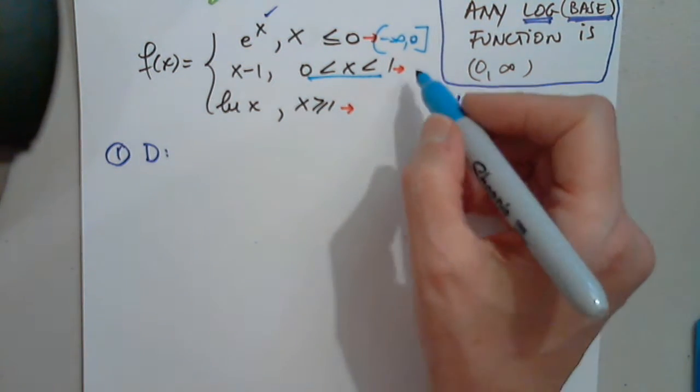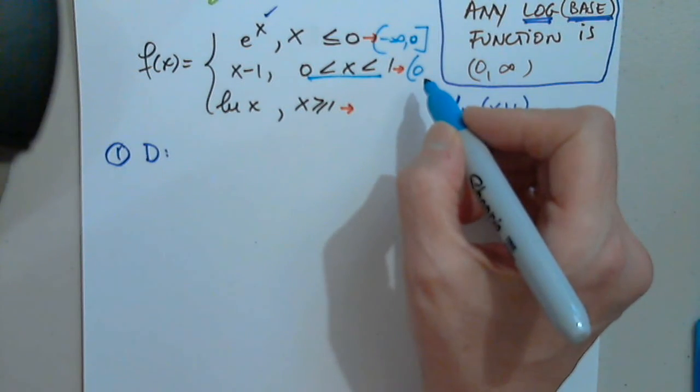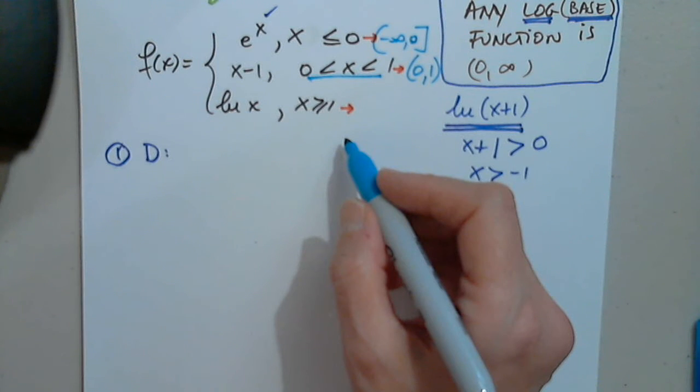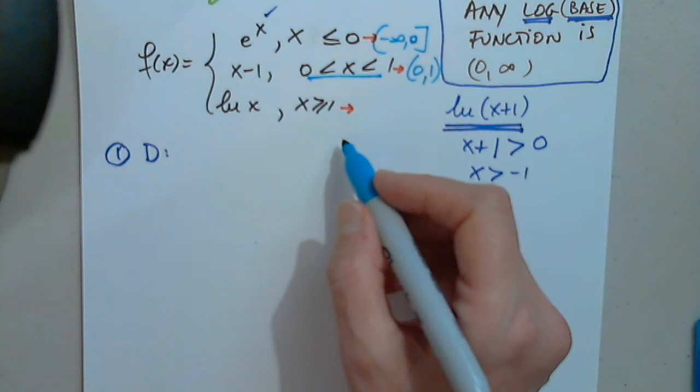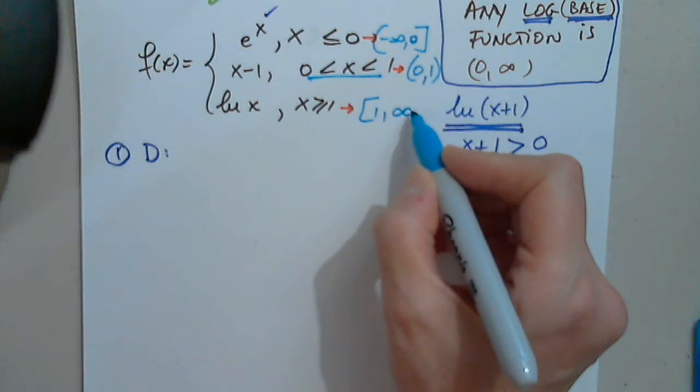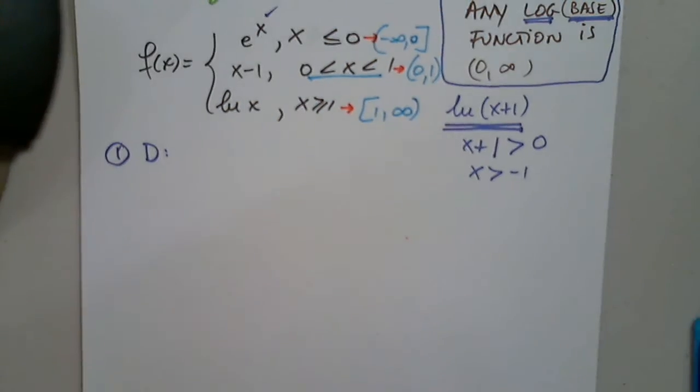Not including 0 and not including 1. Good. And the last one, anyone else? Anyone? Everyone has to say something. Including 1 to positive infinity. Good, excellent.